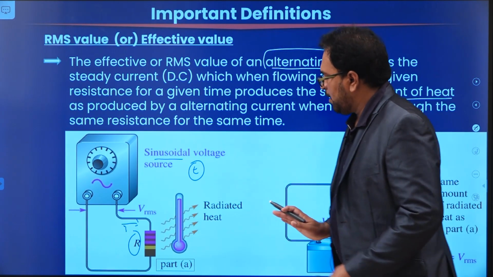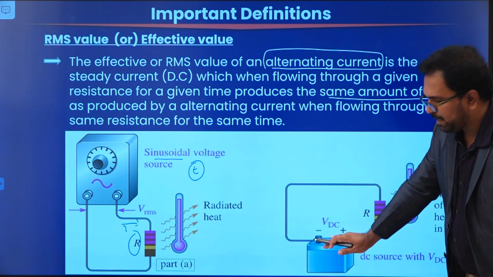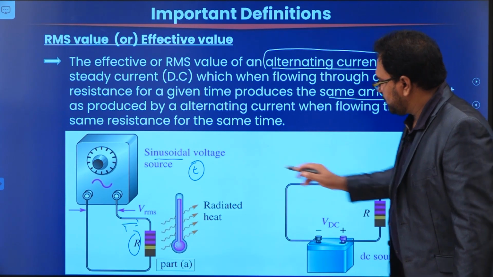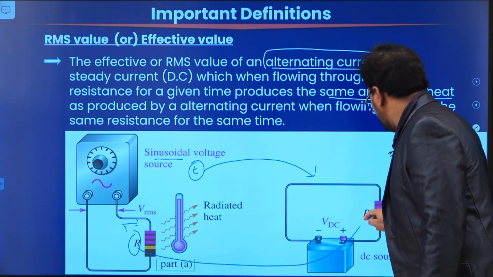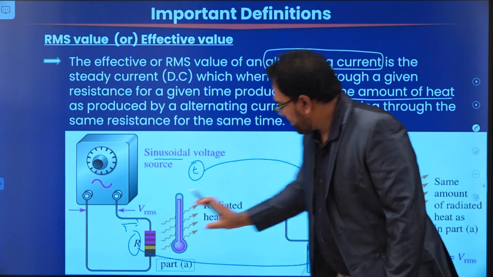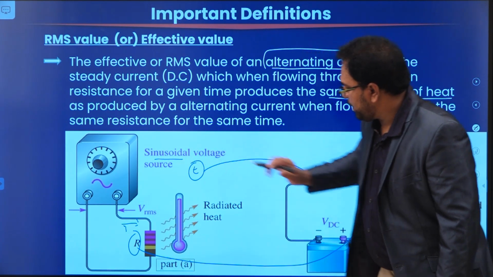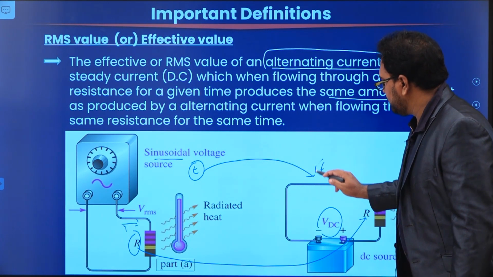Now, let us consider the same resistor and apply a DC voltage, for the same time. The resistance is also the same here. Instead of AC sinusoidal voltage, I applied a DC voltage for the same time period t.